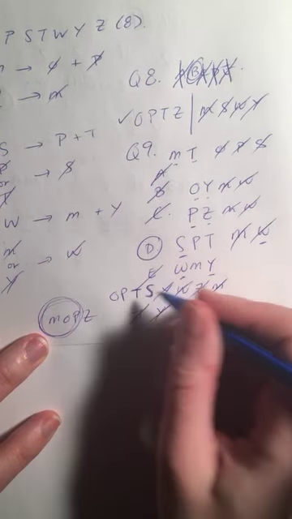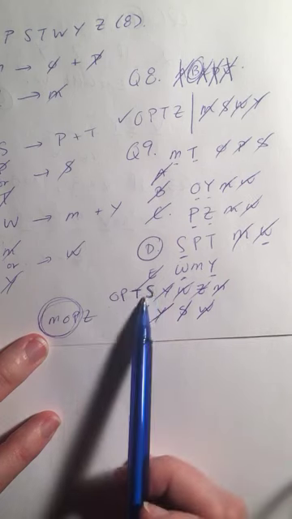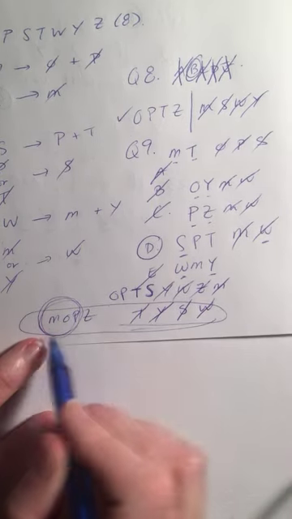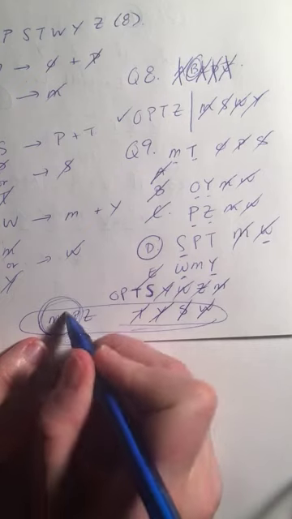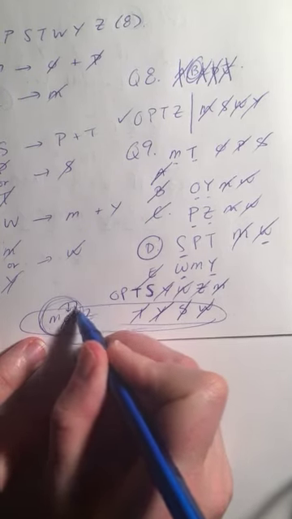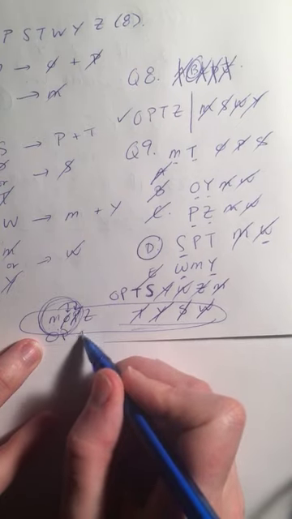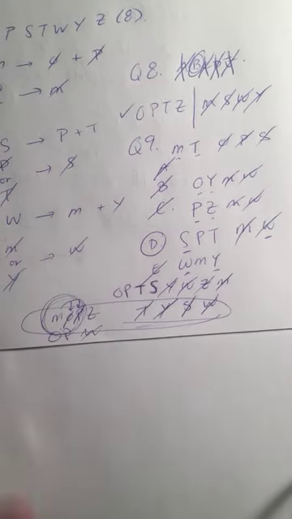S. So we have S, P, T, and O. So yeah, that would work. But this here isn't going to work, because if M is in, O is out and P is out, and if O or P are in, then M would have to be out, so we can't have those guys together.